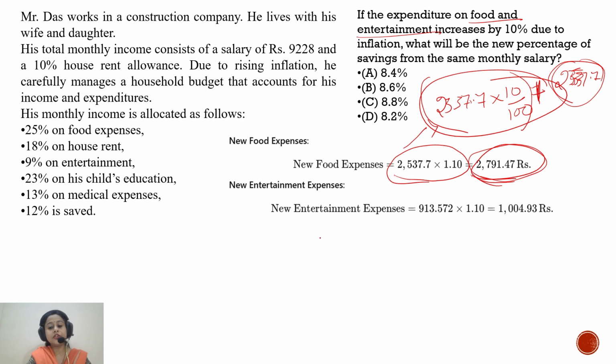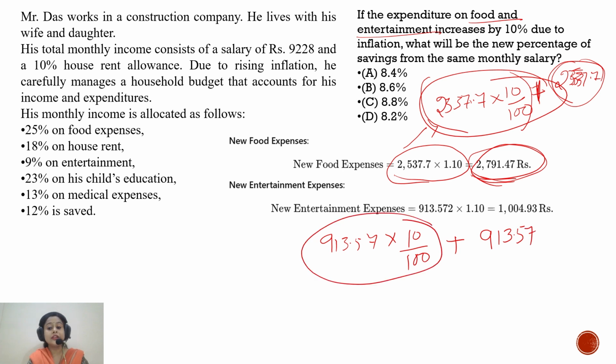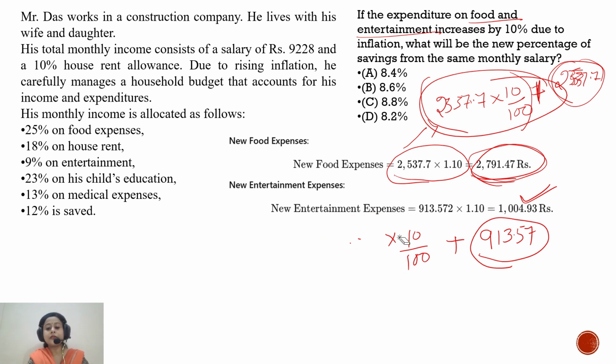Same for entertainment: 913.5 into 10%, plus the previous amount. This is the amount of increment you are calculating, plus you are adding the previous amount, which will give you 1004.93, right?